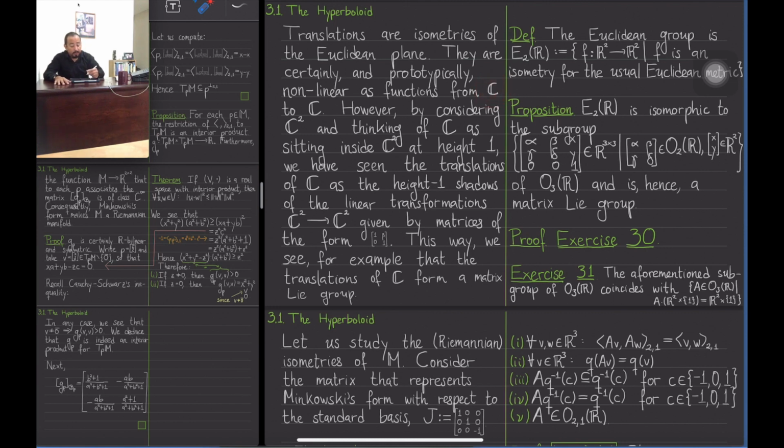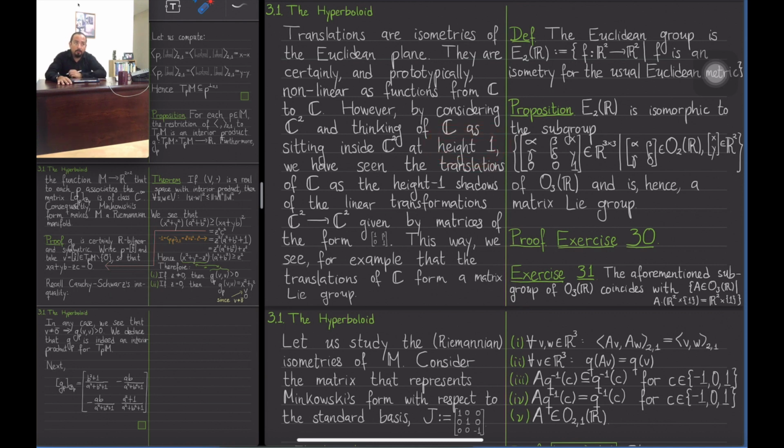So they are not linear, and then one asks, is there a way of realizing them as linear transformations of some space, right? And the answer, we saw already the answer, right? That is by looking at C squared and thinking of C as sitting inside C squared at height 1, right?